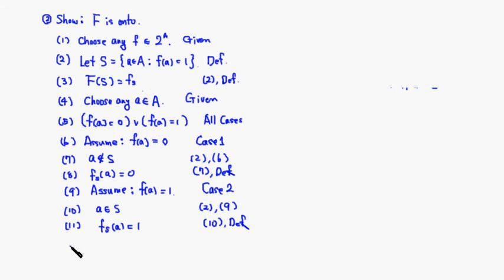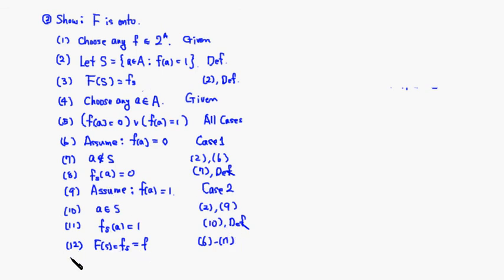All right, so that's all the cases. So 12, now we know that f sub S is exactly the same thing as f, which is capital F of S. So using 6 through 11, this establishes that.